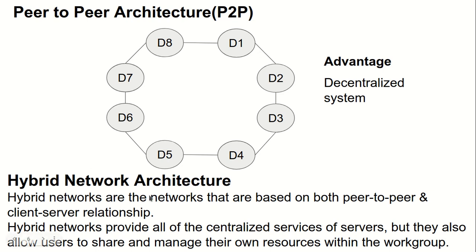Hybrid networks provide all the centralized services of servers, with a centralized server outside of these devices, but they also allow users to share and manage their own resources within the group, using the client-server functionality in their own devices.